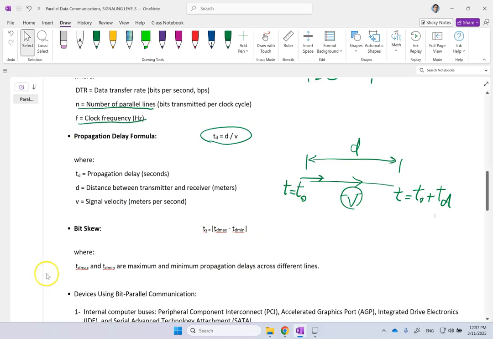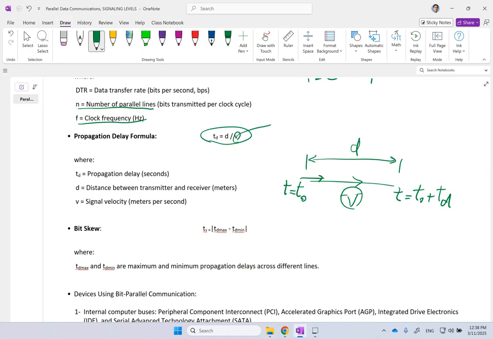So this speed v, if you know what speed the signals are going at over what length of wire, if it's a wired one, then there will be some delay. If you're wondering what this speed is, it is related to the speed of light, but not exactly.